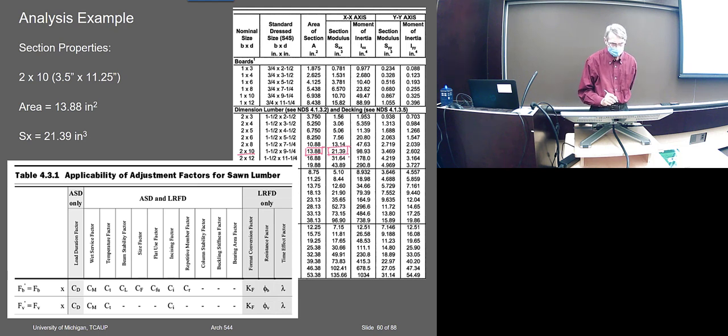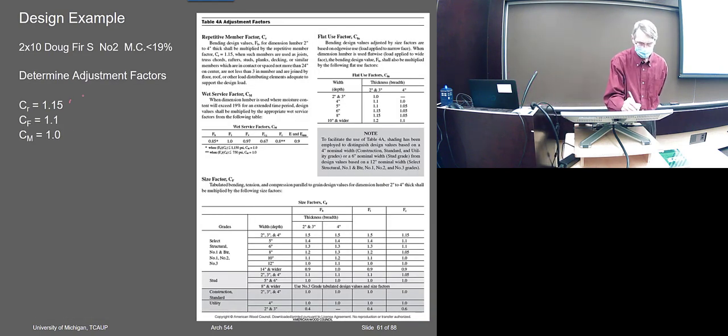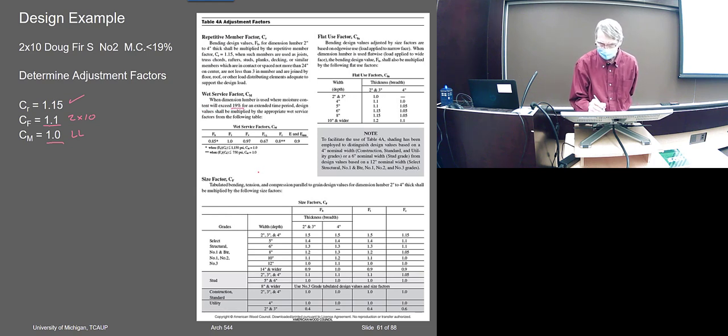These are the potential factors that we apply, the ones that actually apply. Let's see, it's repetitive, so we got that one. For the 2x10, again, have this one memorized here. It's 1.1, and for floor live load it is 1.0. Okay, so we got those. Moisture, it will not exceed 19%, so we don't need a moisture factor.